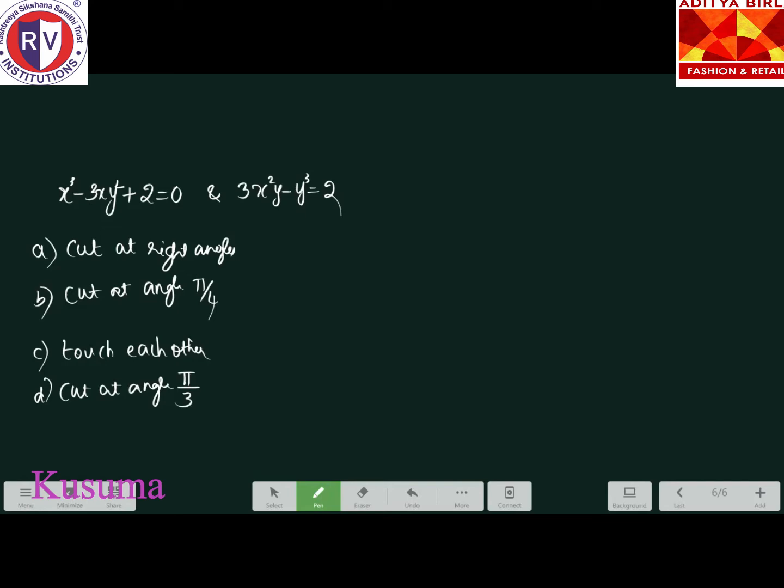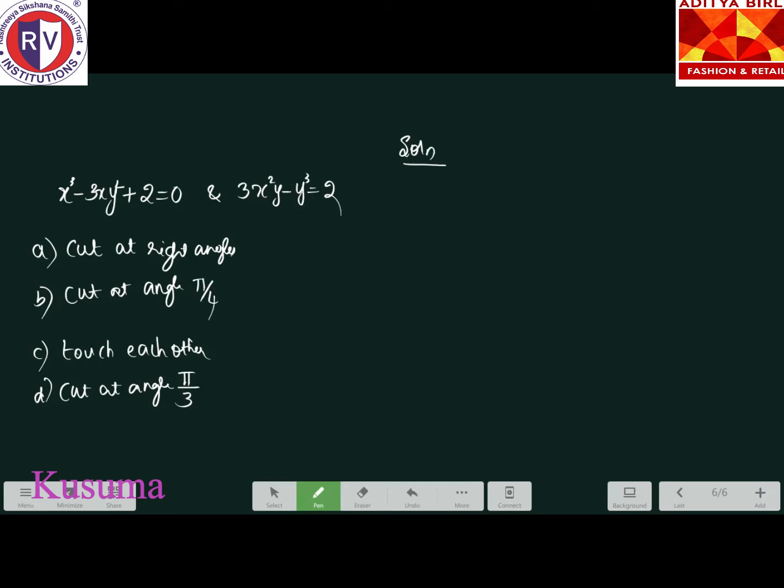How do you find it? First, you have to find out the slope of the two curves. Then you have to make use of theta is equal to tan inverse of mod m1 minus m2 divided by 1 plus m1 m2. That will give you the angle between two curves, right?